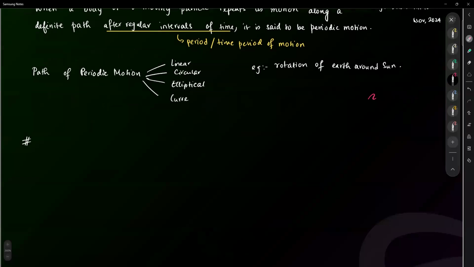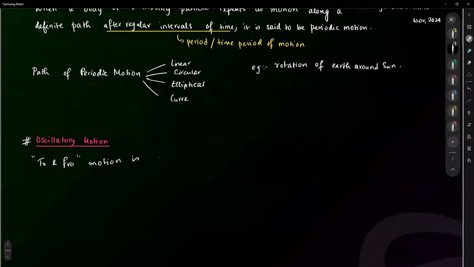oscillatory motion. Now, the type of motion where there is to and fro motion is said to be oscillatory.